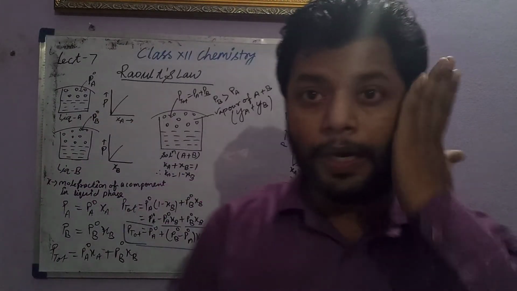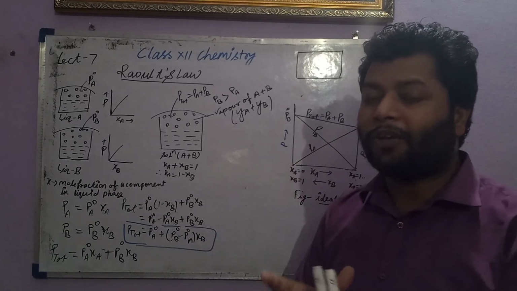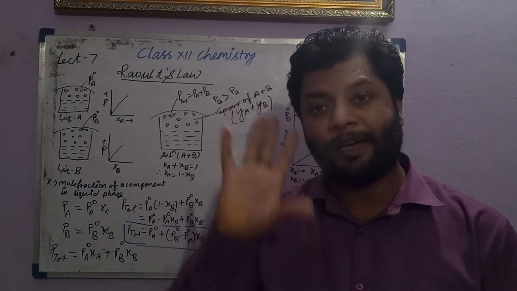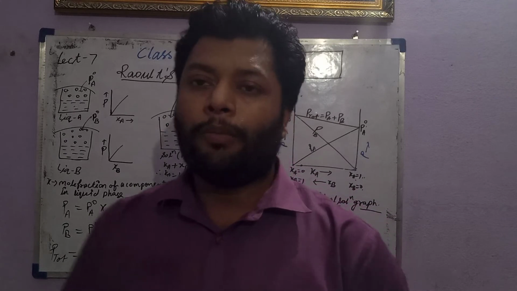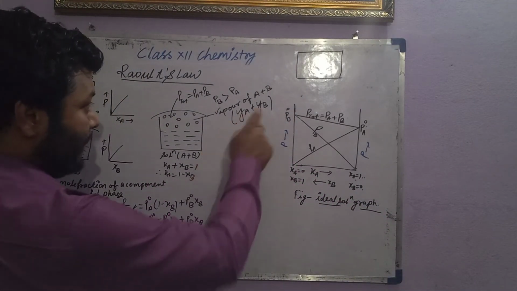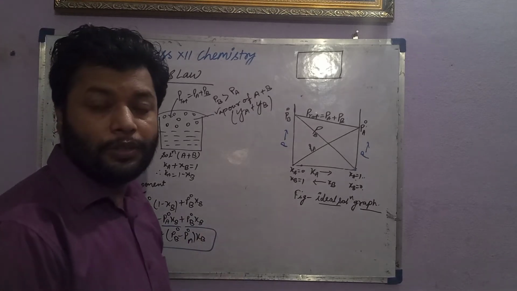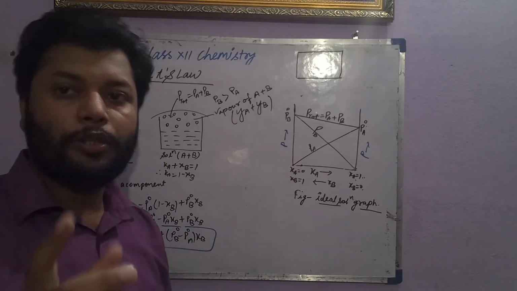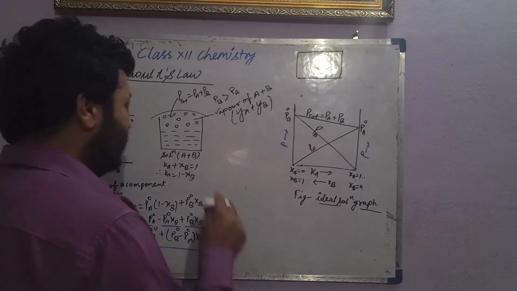According to Raoult's law, there is a relationship between the vapor pressure of any component and the mole fraction of the same component in the liquid phase. But if you want to calculate the mole fractions in the vapor phase, YA and YB, what will happen? For that we have to use Dalton's law.